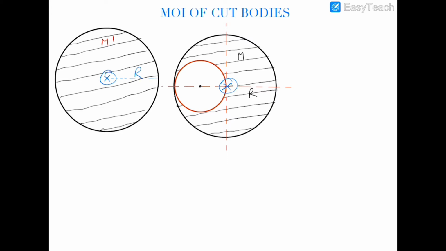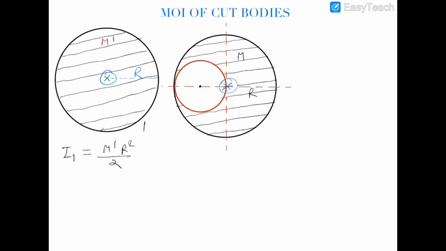So let's suppose that the moment of inertia is I1 and this is object 1. So I1 would be m dash r square by 2, because we know that the formula for moment of inertia of a disk about an axis which is passing through the center of mass and which is also perpendicular to the plane of the disk is mr square by 2, and its mass is m dash.